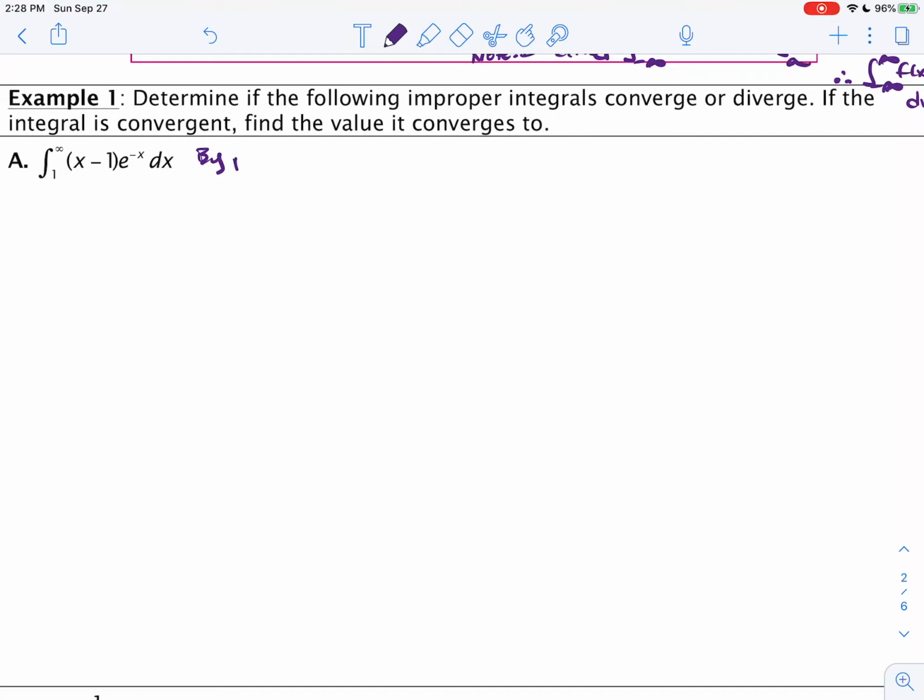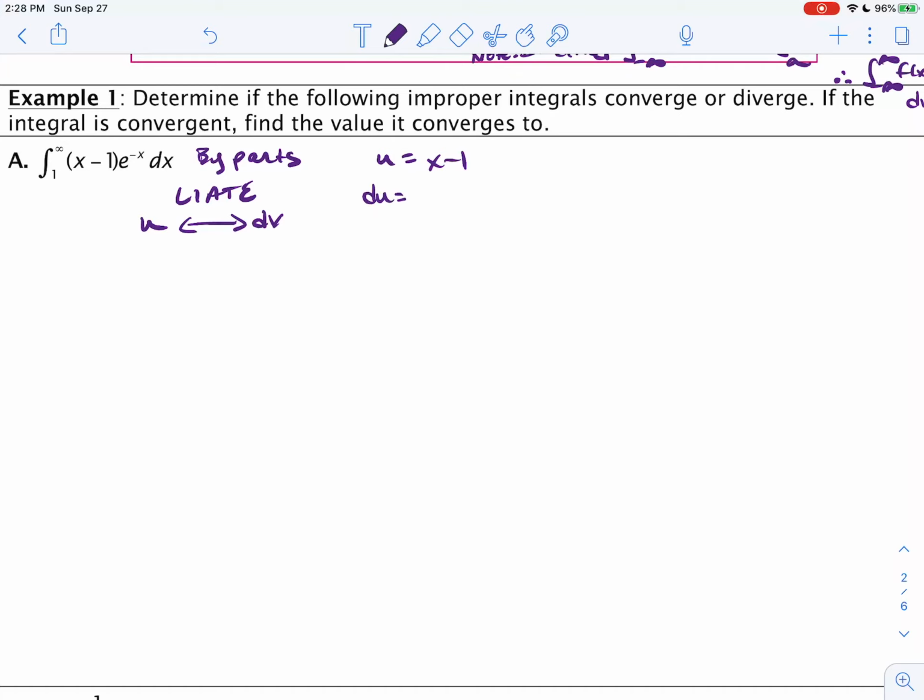And with by parts, with our LIATE, remember L is logarithms, I is inverse trig, A is algebraic, T is trigonometric, and E is exponential. This gives me a nice little tool to determine what is u and what is dv in our integration by parts.